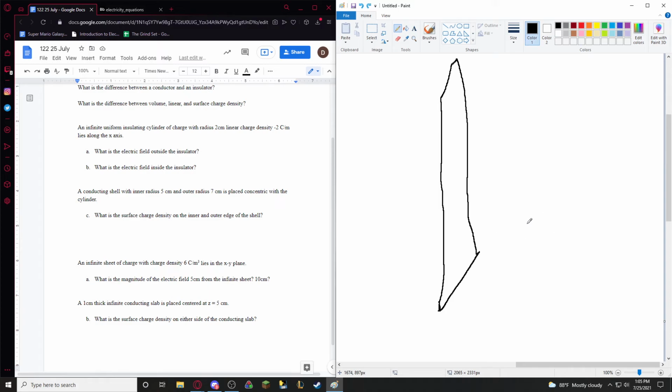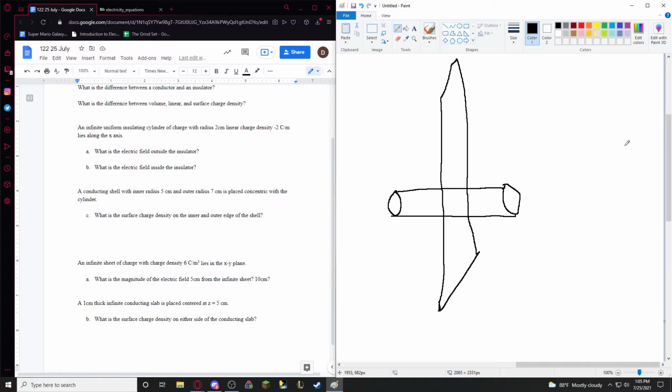Where is our cylinder going to be? It's going to have to go through the plane, so it's going to be from left to right. Exactly. It's a cylinder that goes through the plane, one end cap on either side. And since we're worrying about the 5 centimeters and the 10 centimeters, we're only worrying about the right side.